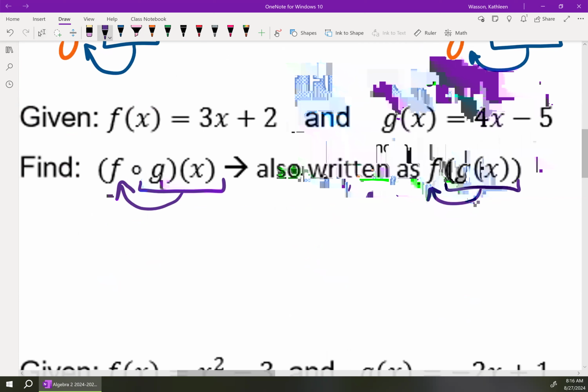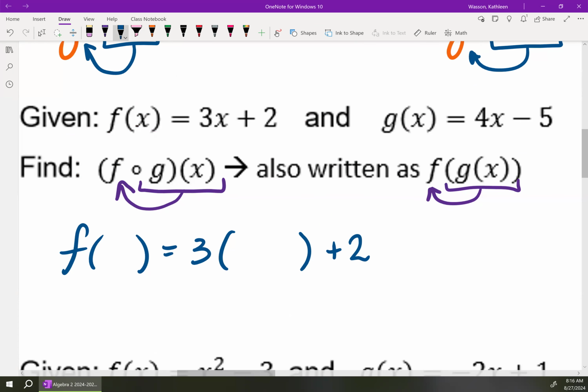I know what g of x is. G of x is 4x minus 5. So there's nothing to solve for or sort out first. The first thing I'll do is I'll set up the f equation to substitute. F of something is 3 times that something plus 2.